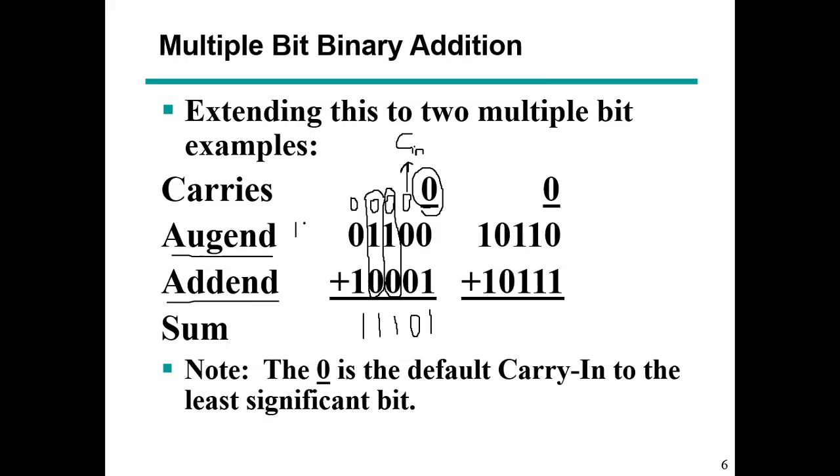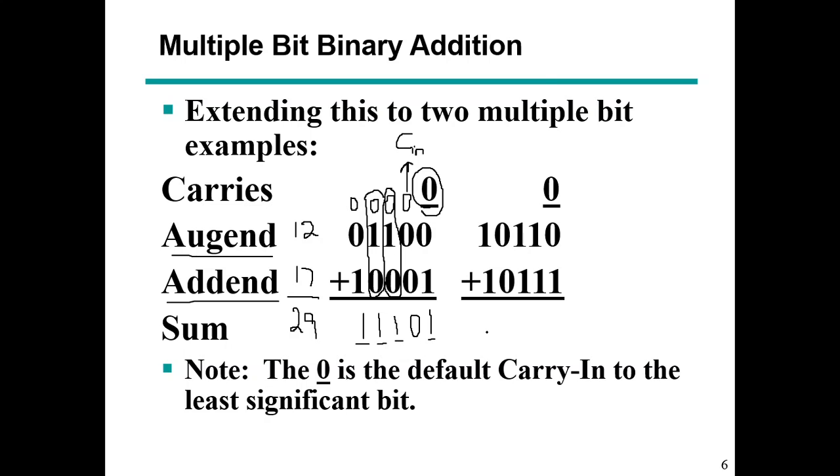And this number is 16 plus 1, its weight is 16, and this is 1, this is 17. So the sum is going to be 29 in decimal. And see, this is 16 plus 8, 24 plus 4, 28 plus 1, 29.